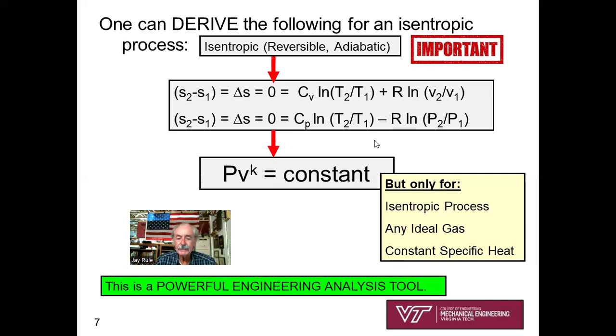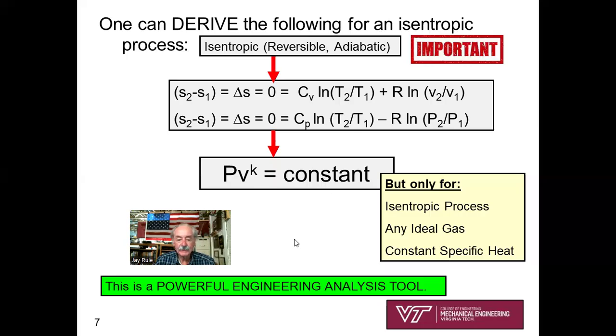But for right now, here's the result. For an ideal gas that has constant specific heat, Cp a constant number, undergoing an isentropic process, your textbook derives that P times little v, specific volume, to the k, Cp over Cv, is a constant number.